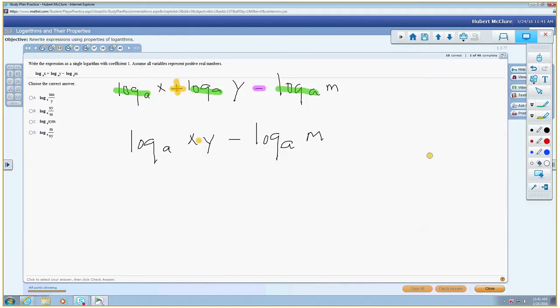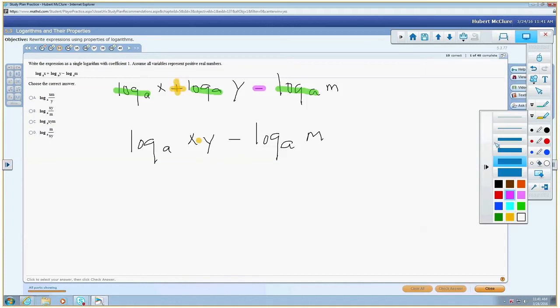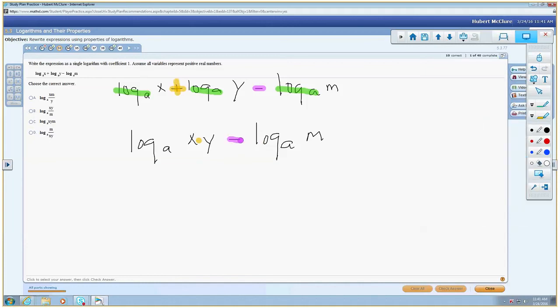Multiplication. But we still have the subtraction symbol right there. So now it's going to be log base A of xy over what? And that's your answer.